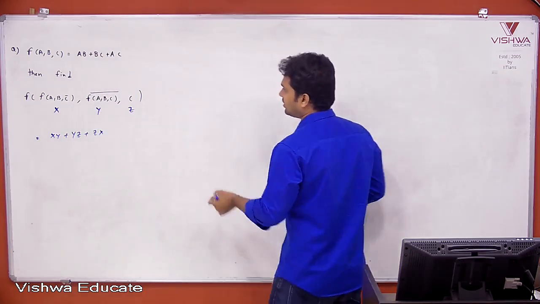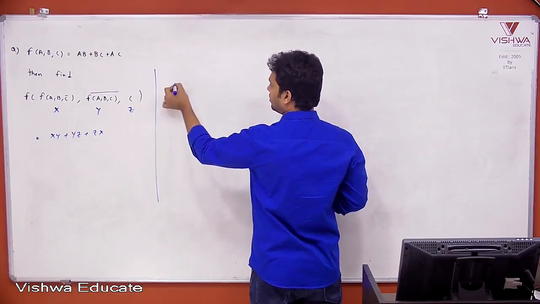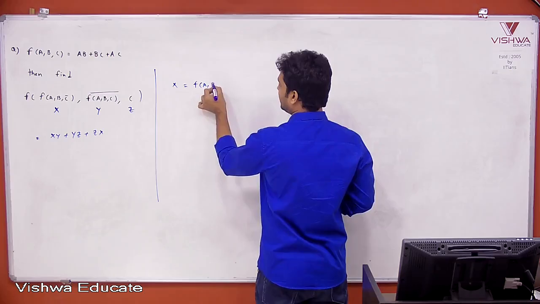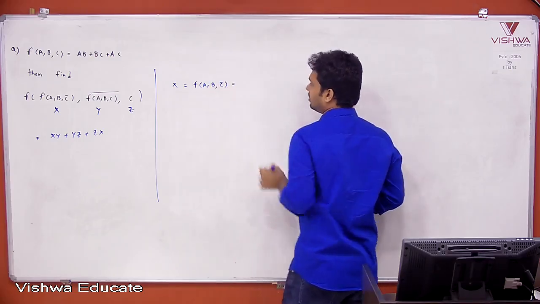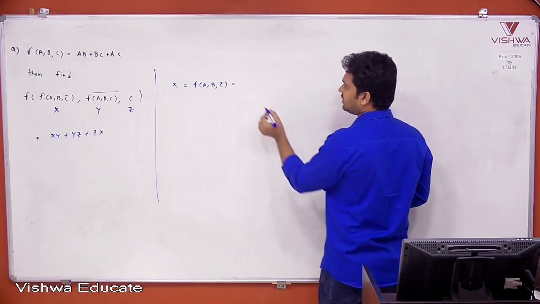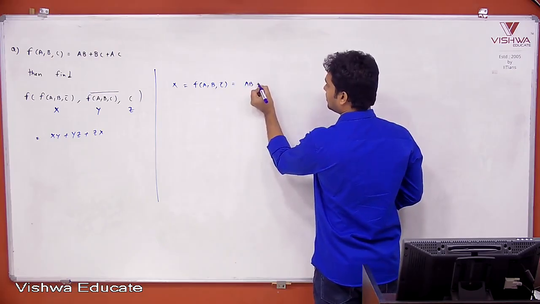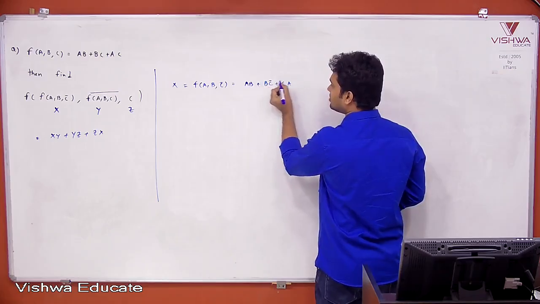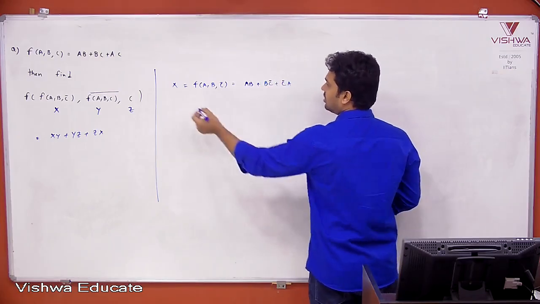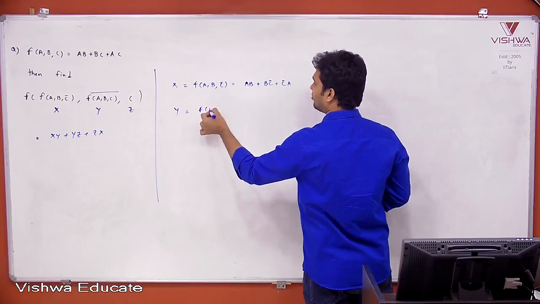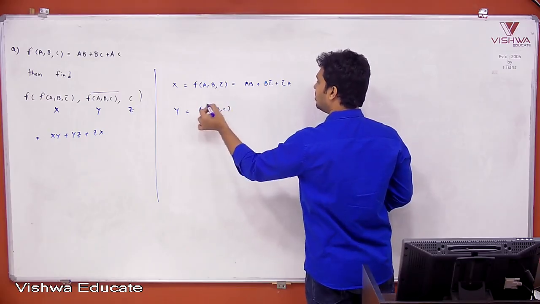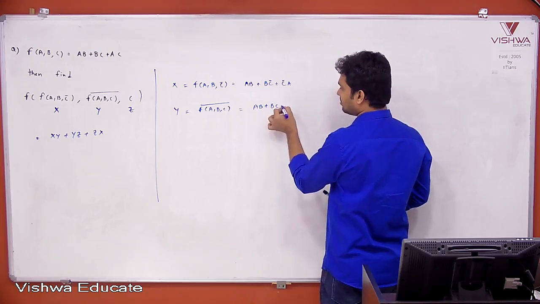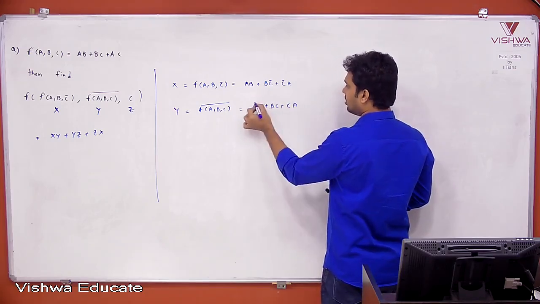Then what is x here? X is equal to f of A, B, C bar. So f of ABC, you know, the formula is AB plus BC plus CA, but here C is replaced with C bar. Next, what is y here? F of ABC whole bar, that is AB plus BC plus CA whole bar.